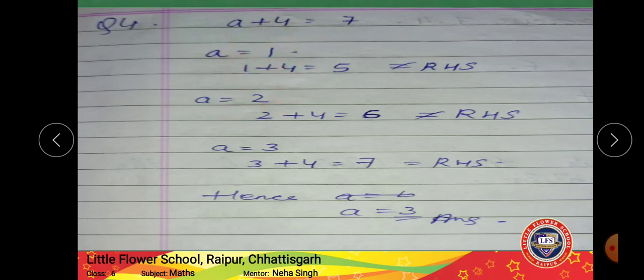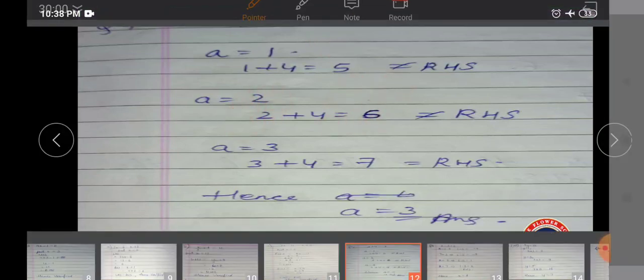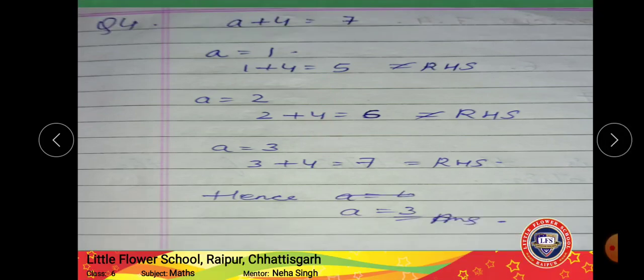So let us take the value of a as 2, right? So now taking a as 2, 2 plus 4 is 6, again it is not equal to the RHS, but it is less than the RHS, right? What indication can we get through this, that the value of a is not 1, not 2, but greater than 1 and 2.